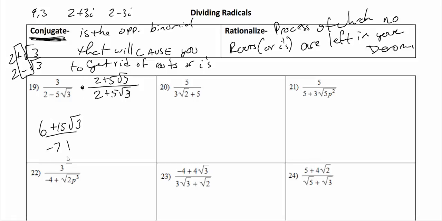Now, some of you might leave your answer this way, and I'm going to tell you right now that will be marked wrong. The reason why it's not correct is because I never want denominators that have a negative symbol down there. In order to make this a positive number, so your answer contains a positive 71, every sign up top changes to its opposite.